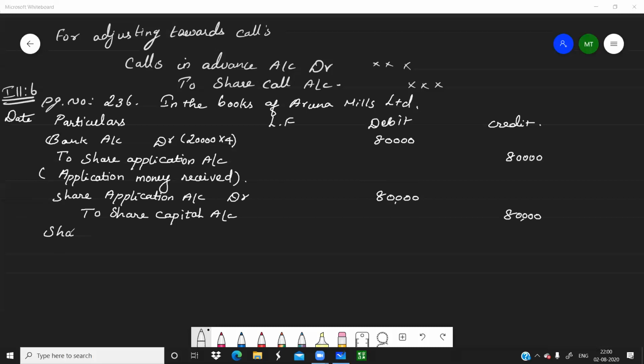So next, the allotment journal: share allotment account debtor to share capital account. The amount is the same, 20,000 into 4, so 80,000 rupees.